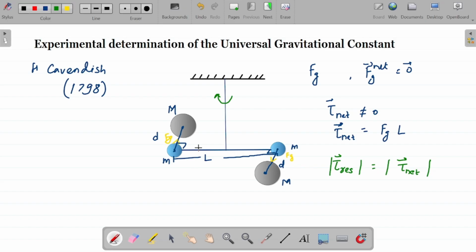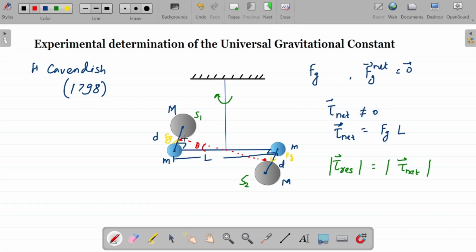Initially these two spheres are placed here. Let's say this is sphere 1 and this is sphere 2, and then there will be a twist in the wire, and after some angle of twist, let's say these two spheres come to a rest point.